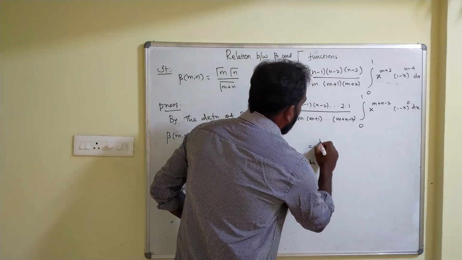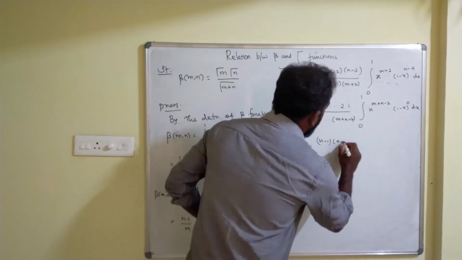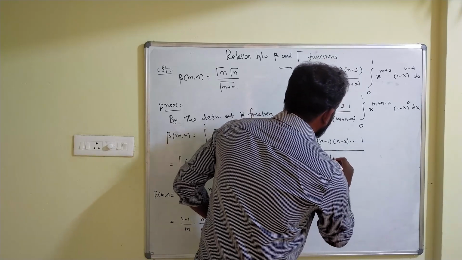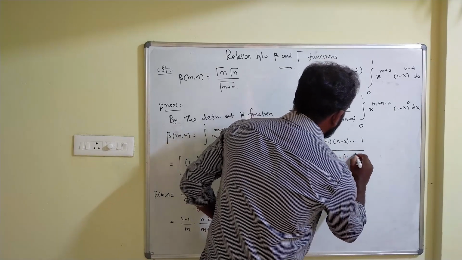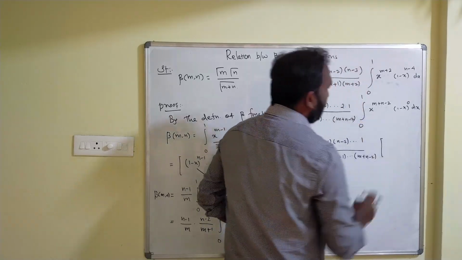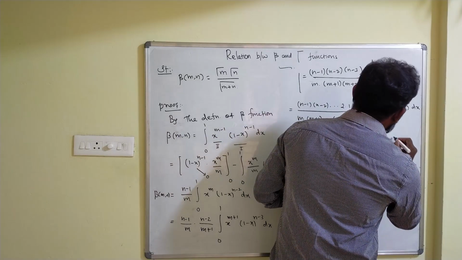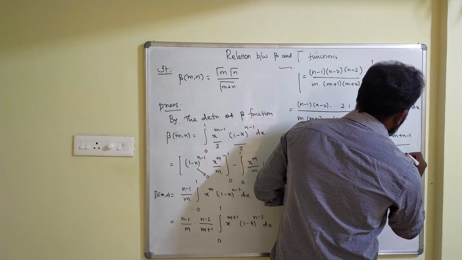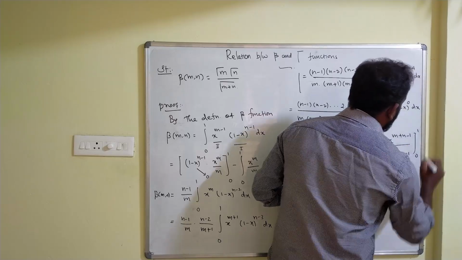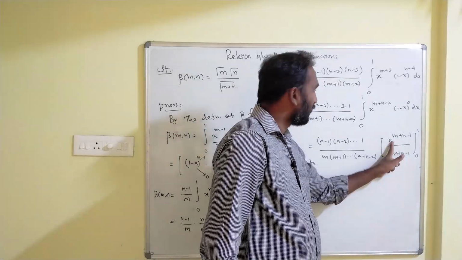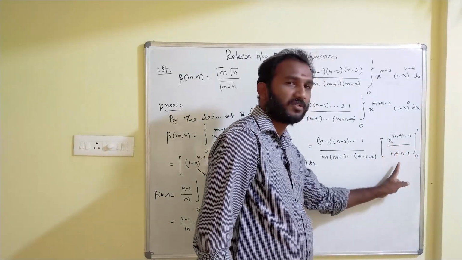Here it is n minus 1, n minus 2 up to 1 divided by m plus 1 into m plus n minus 2 integral. What is the integration of this value? This will give x power m plus n minus 1 divided by m plus n minus 1, and the limit varies from 0 to 1. If you apply the lower limit, here it is 0, so 0 into anything will become 0 completely.